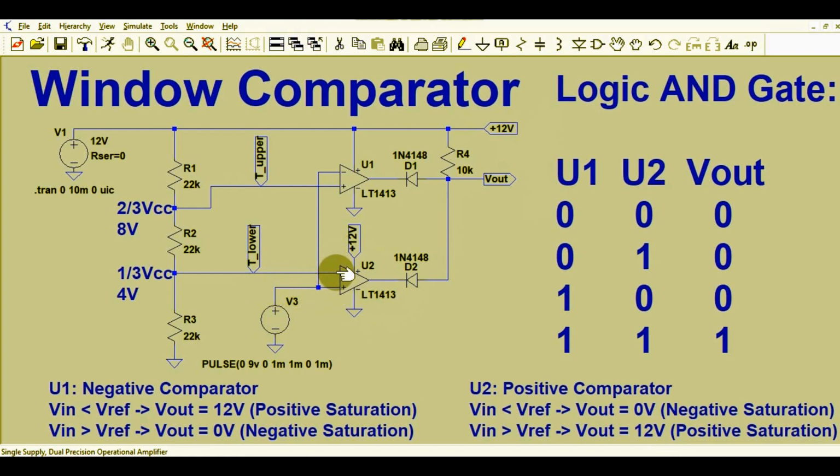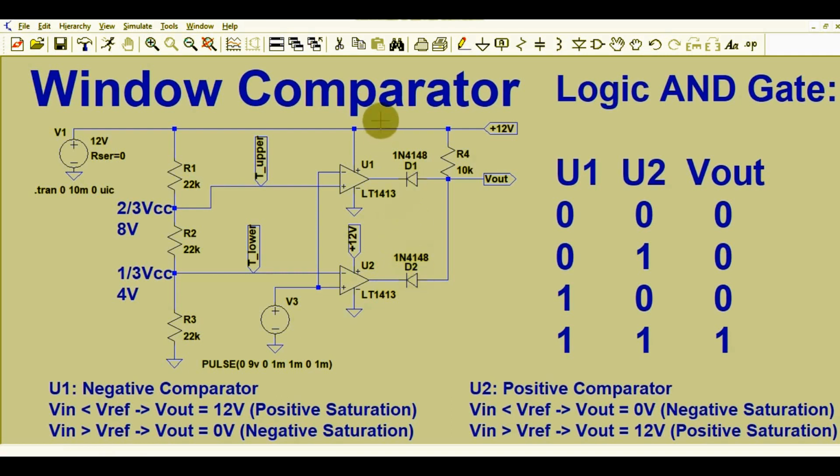right? So now if you look at the output of U1 and U2, this is the output of operational amplifier U1 and this is the output of operational amplifier U2. So the output of operational amplifier U1 and U2 are connected with the diode D1 and D2. You can see here.